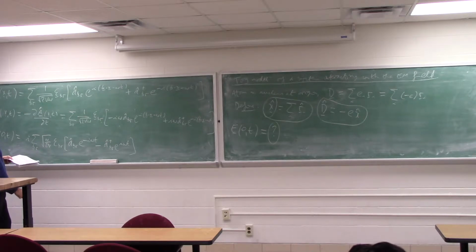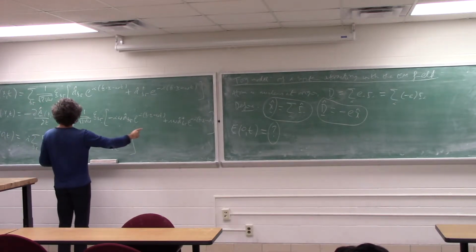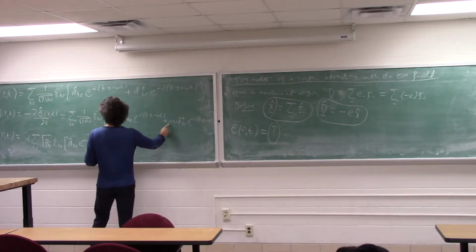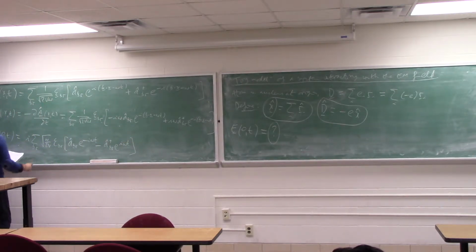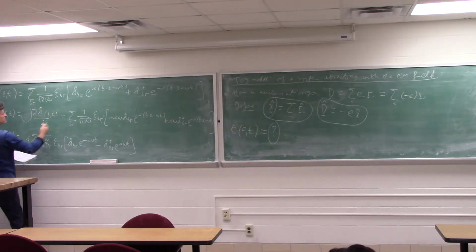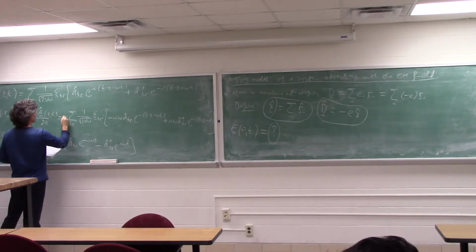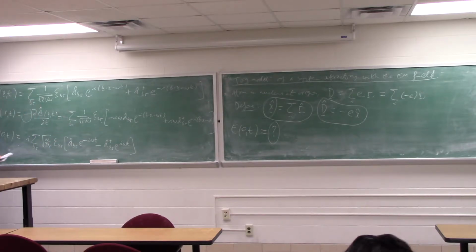All right, is that right? So I brought out a factor i. Hang on, why is that? Oh, and of course I forgot, when I took the time derivative, there's an overall minus sign here, which I forgot to put in. There's a minus. Someone should correct me when I make these mistakes. Anyway, there's a minus.